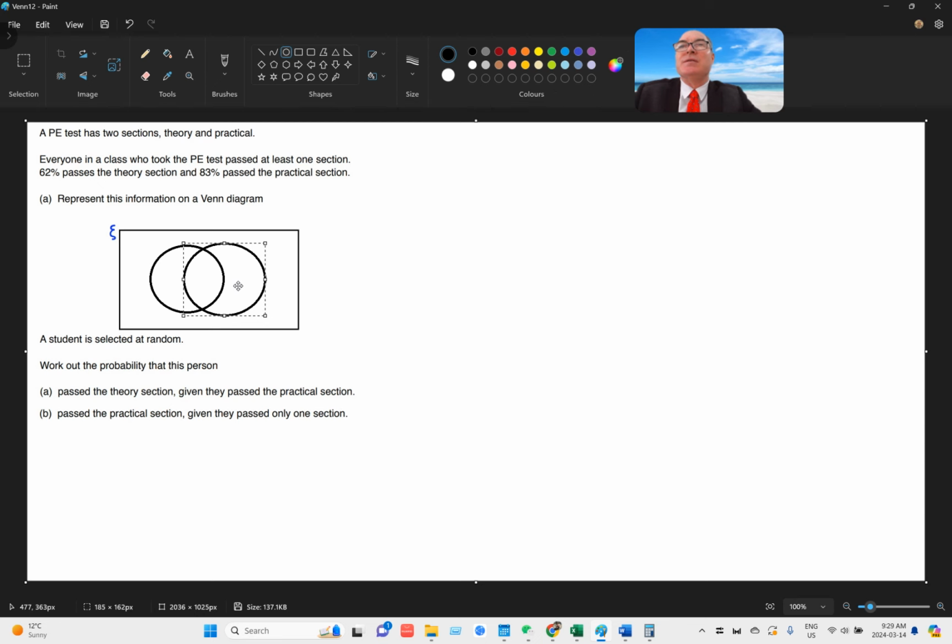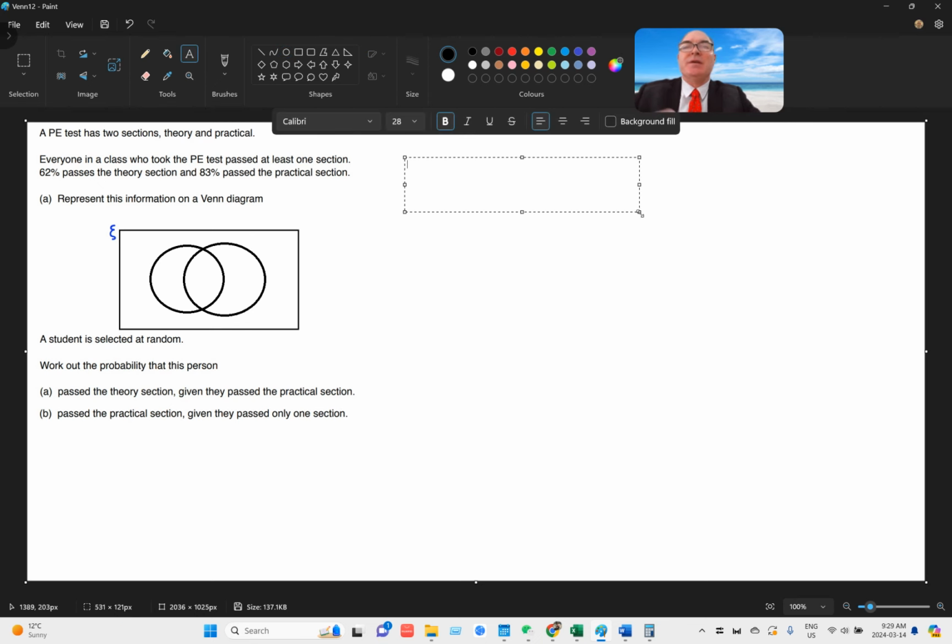Here, this is good. Now I need to label some things here. We've been here already in another problem. So the total number of people, I don't know how many are in the total in my universal set, so I'm going to write that as T for total. Then I'm going to label my sets here. I've got a theory part and a practical part.